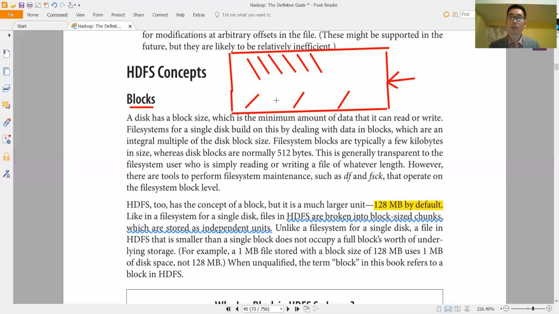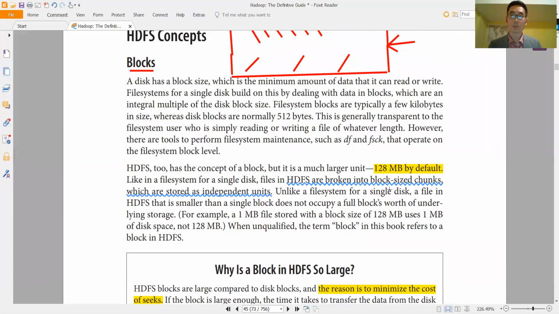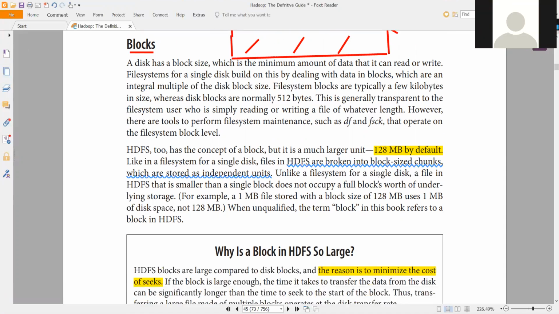This exactly matches how HDFS works. The bottom one has a much bigger block size. HDFS was designed to use a much bigger block size. By default, the block size in HDFS is 128 megabytes, which is much larger than on a Windows PC.